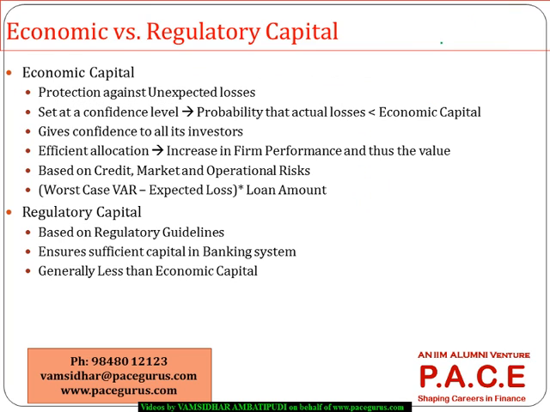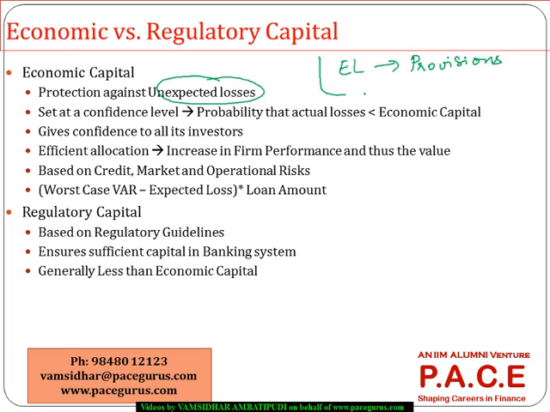And if at all I have to differentiate between economic capital and regulatory capital, right? In case of economic capital, we are talking about protection against unexpected losses, because for the expected losses, generally there will be provisions created in the financial statement.